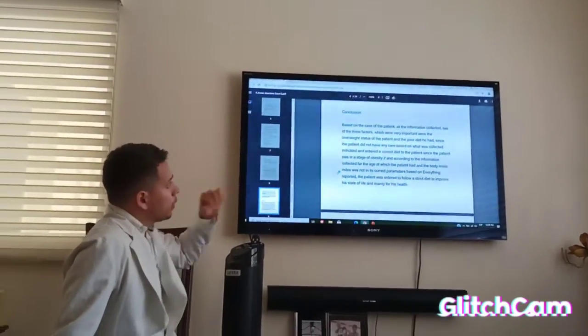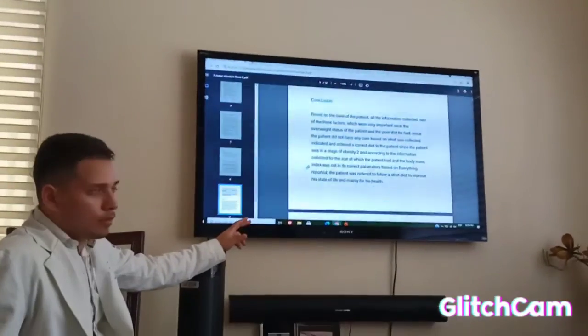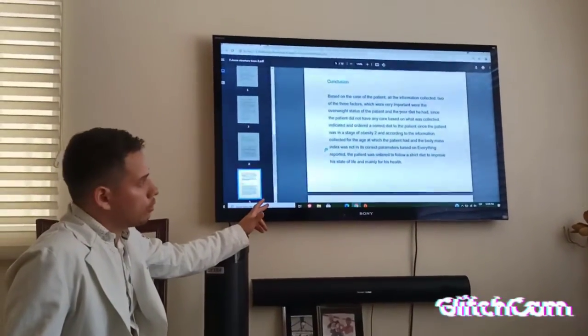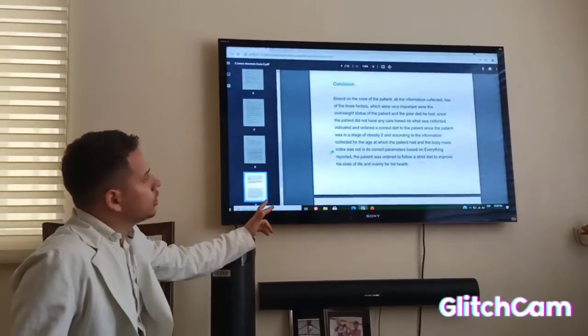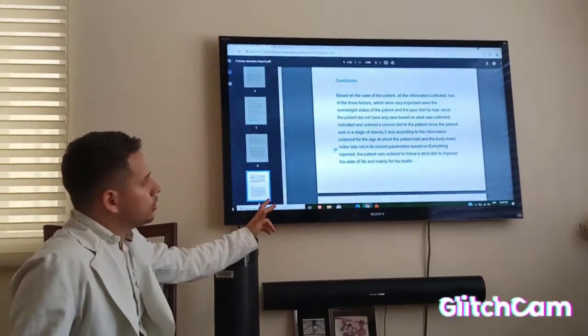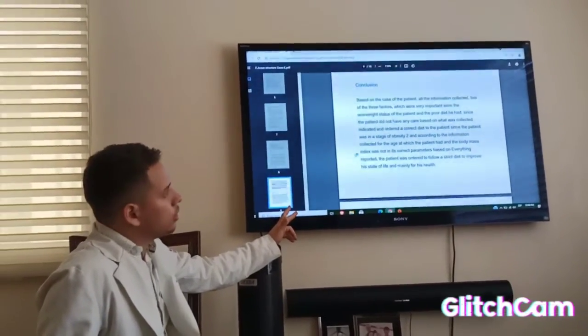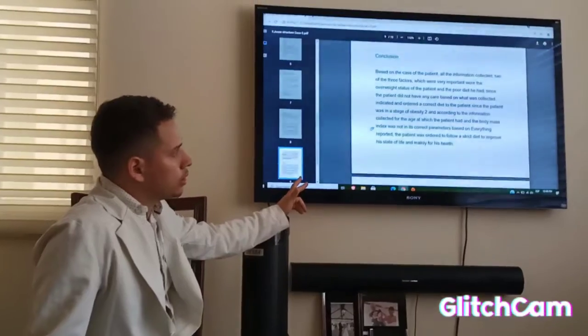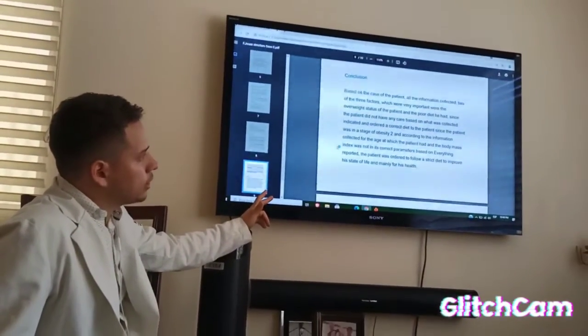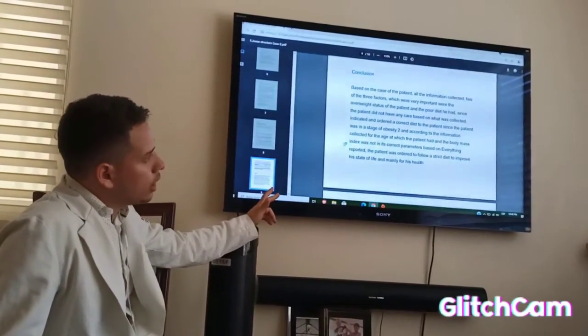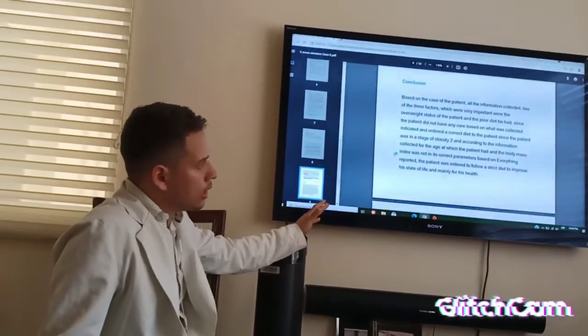Conclusion. Based on the case of the patient, of all the information collected, three factors were very important: the overweight, the state of the patient, and the poor diet he had.